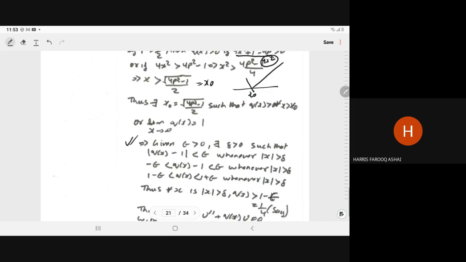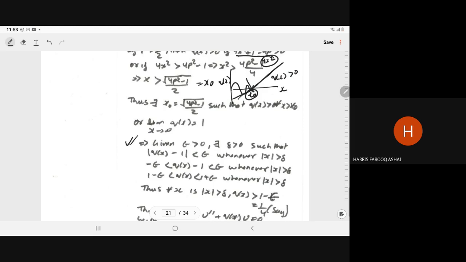Not increasing, but always positive. Before that I do not know whether it is negative or not. If it is the graph of x and q(x), then before the point x naught we can have anything, but after x naught it is always positive.